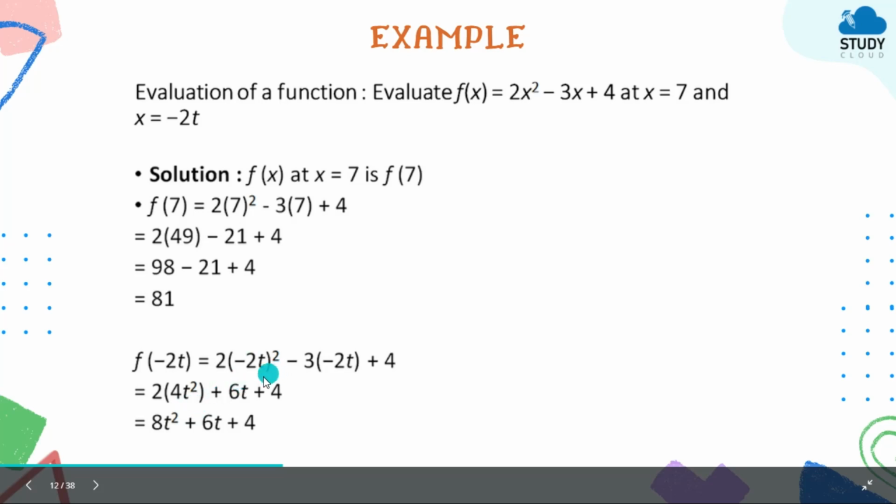Minus 2 square is positive 4, t square is t square. So 2 into 4t square, minus minus will become plus, 3 2s are 6, into t, 6t plus 4. When you open this bracket, it will give you 8t square plus 6t plus 4. So this is very simple.